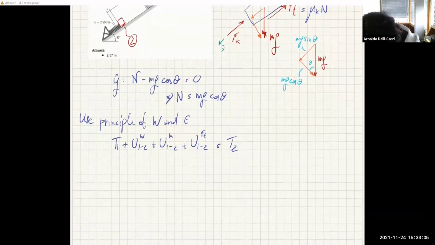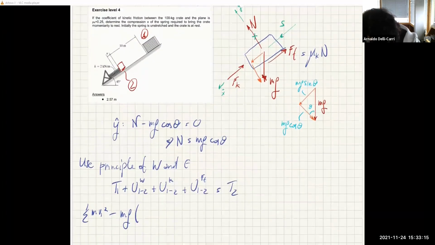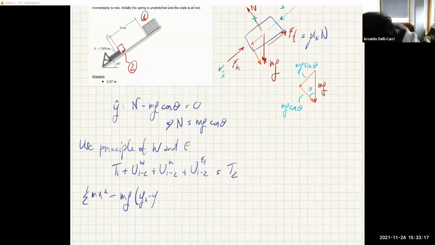So this is half mv1 squared plus the work of the weight force, mg times y2 minus y1, minus half k of S2 squared minus S1 squared.